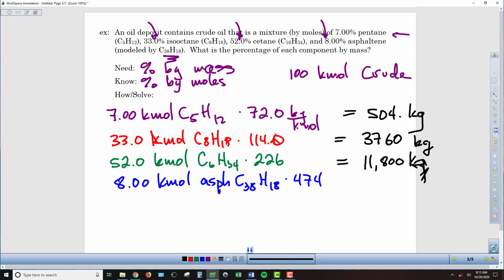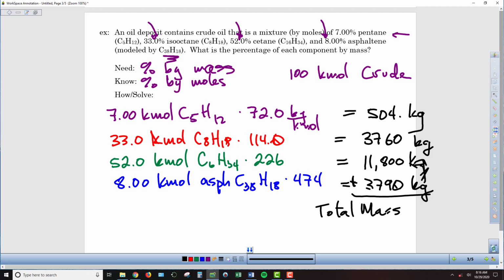And finally, for the asphaltenes, we've got 3,790 kilograms. Then we can add these together and get a total mass, using our significant figures rules, of 19,900 kilograms.